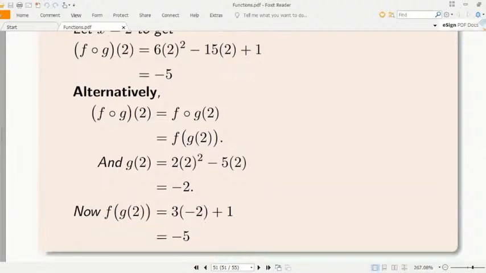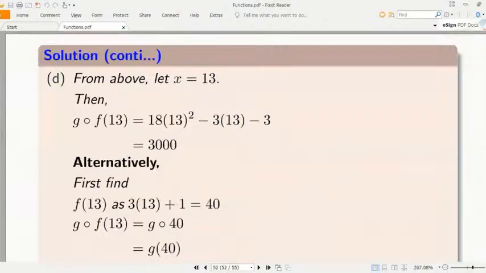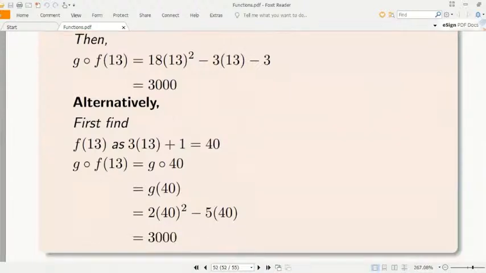In the alternative method, you can use the numbers. Now, for the rest of the questions, I just show you my answers. You try yours and see.